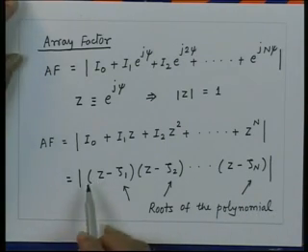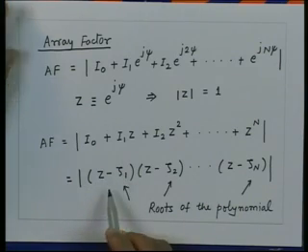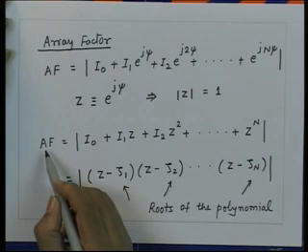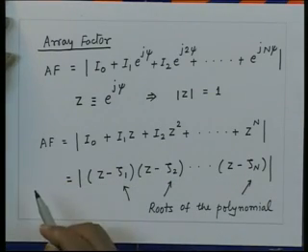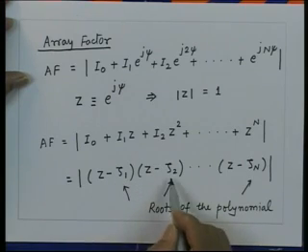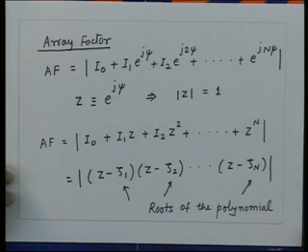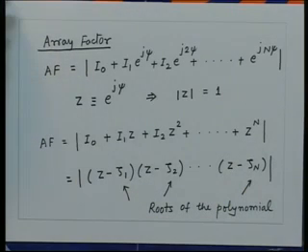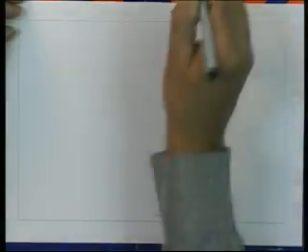Now, that means at z equal to zeta 1 or z equal to zeta 2, the array factor would go to 0. That means the radiation pattern would have a null at that location indicated by zeta 1, zeta 2 and zeta n. So, essentially the roots of this polynomial correspond to the nulls in the radiation pattern. So, zeta 1 direction corresponds to this.